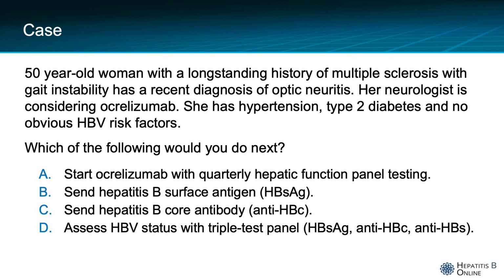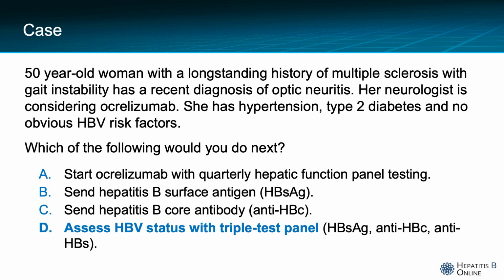A, start ocrelizumab with quarterly hepatic function panel testing; B, send hepatitis B surface antigen; C, send hepatitis B core antibody; or D, assess HBV status with triple test panel. The answer is D, that you would send the triple test panel that includes the surface antigen, core antibody, and surface antibody. You need all three results to fully characterize a patient's HBV status.